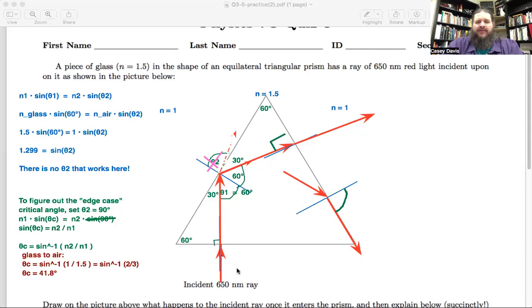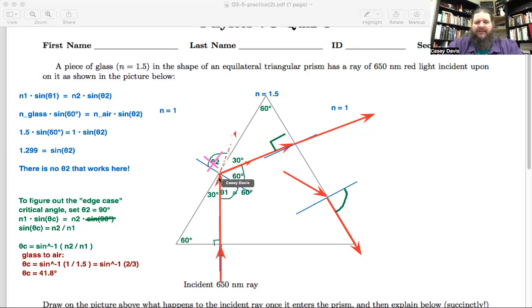But if you're going to be doing the same sort of refraction several times, like let's say you're going to have several situations where light from glass goes towards air, it's worthwhile to find the critical angle. And then you can just compare the incoming angle to the critical angle. Like if you see, oh, this incoming angle is 60 degrees, that's more than 41.8 degrees, the critical angle.